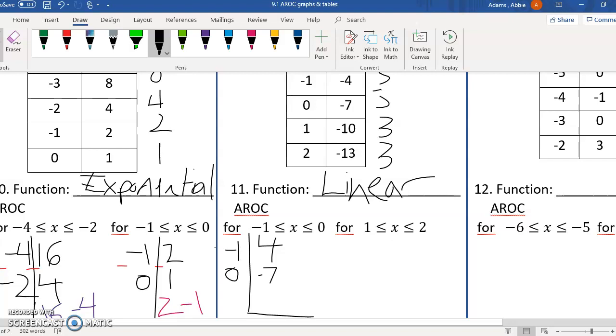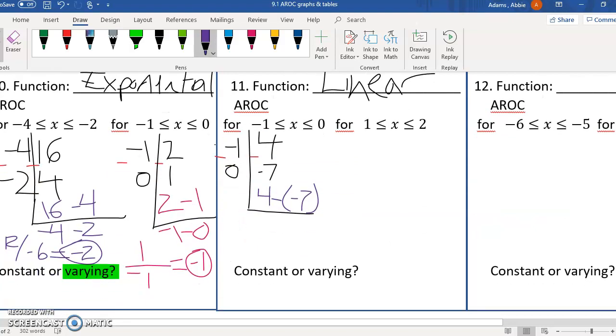So our numerator difference is 4 minus -7, and our denominator difference is -1 minus 0. 4 minus -7 is the same thing as 4 plus 7.